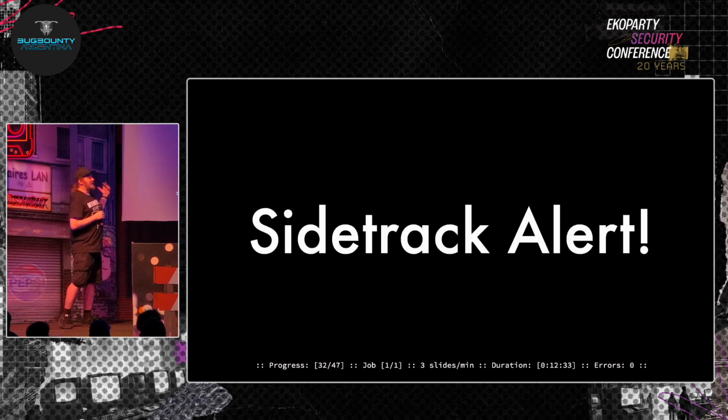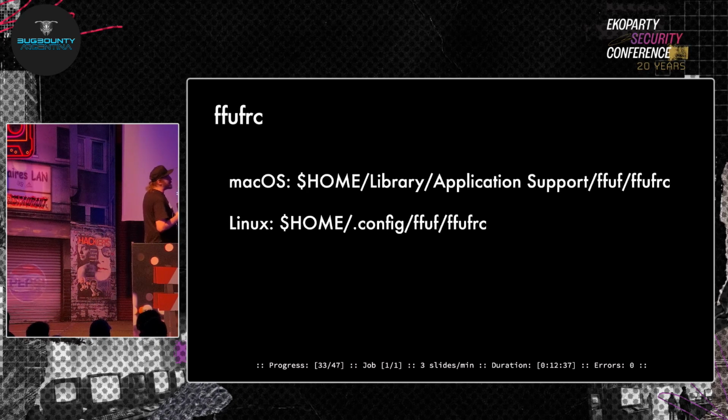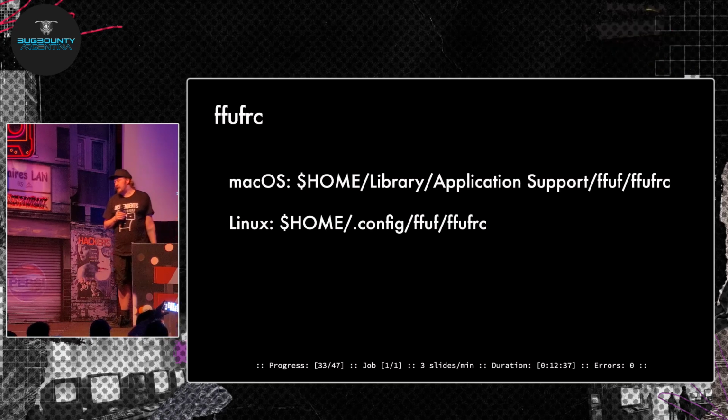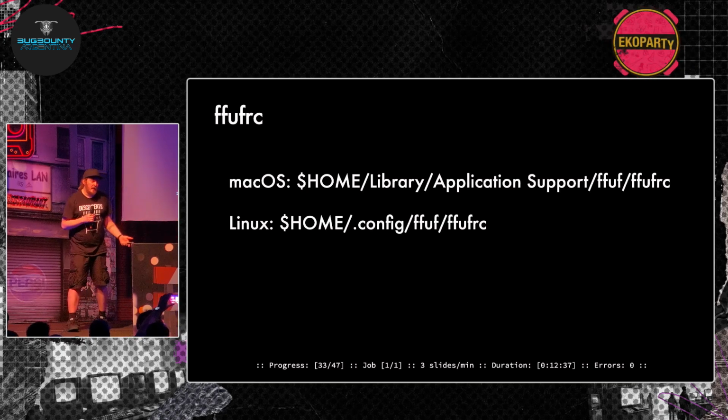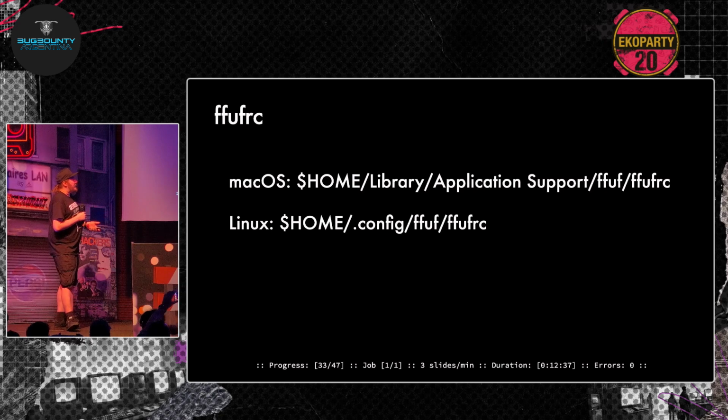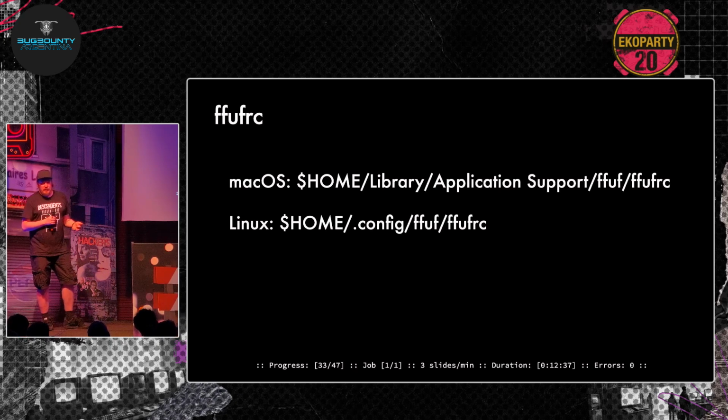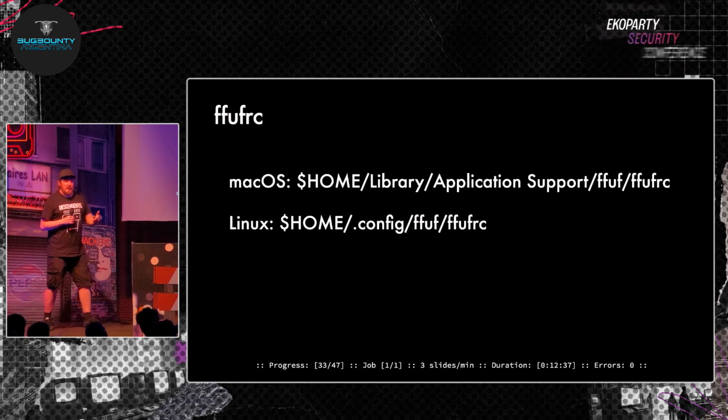So, sidetrack, sorry. There is a feature that has been there for a long time called FFUF-RC. What FFUF-RC is, is that it's basically a default configuration for FFUF. So you can add all and any of the options that you wish to use to the default configuration. They will be there without you defining them on the command line.